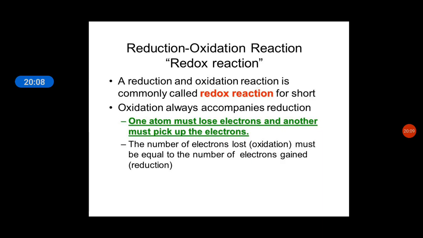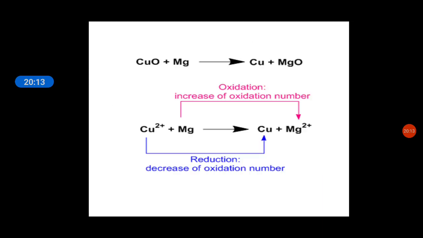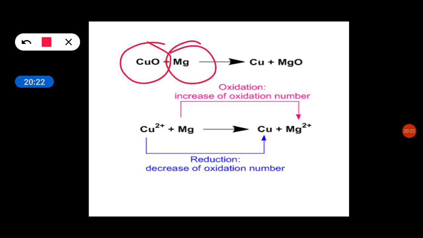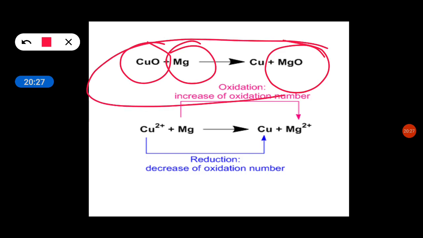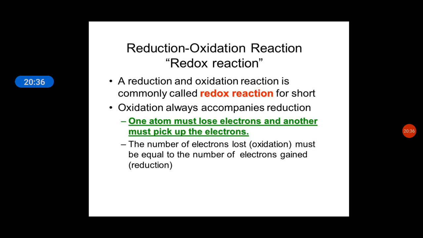We already saw in this reaction that copper lost the oxygen and magnesium gained the oxygen. That means in this equation oxidation and reduction take place simultaneously, so it is a redox reaction. The number of electrons lost must be equal to the number of electrons gained.